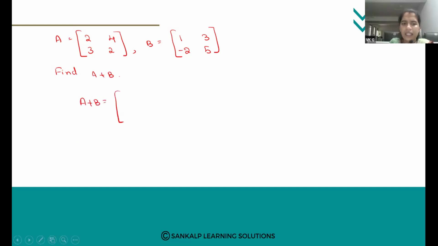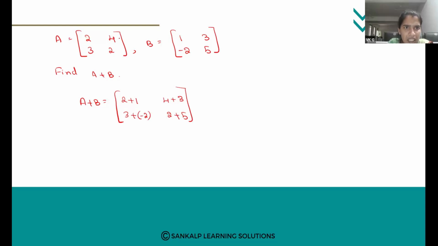Detail ಆಗಿ ಬರೆಯುವ ಅಗತ್ಯ ಇಲ್ಲ. If possible, add directly. Or else first problem, let me write in detail. So 2 plus 1. Next entry. 4 from the first, 3 from the next. Next entry. 3 from the first, minus 2 from the next. Next entry. 2 from the first, 5 from the next. First entry with the first entry.